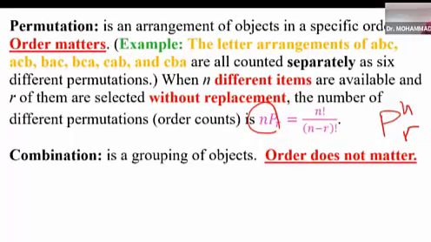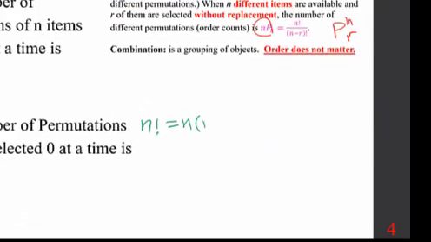N factorial by definition is n times n minus 1 times n minus 2 times, continuing until we hit 3, 2, and 1. We just have an integer, a whole number, a natural number, but it has to be a positive one, and you count, you multiply by previous numbers all the way to 1.